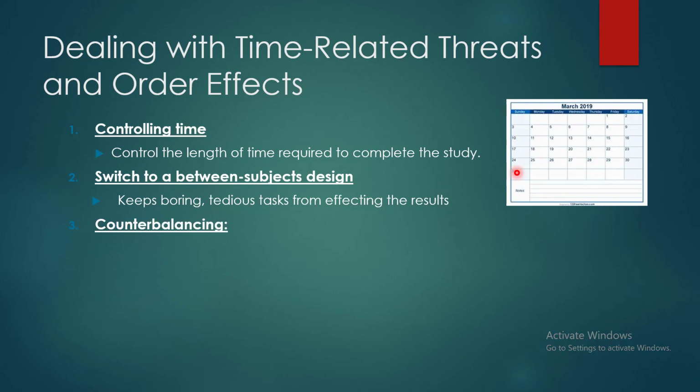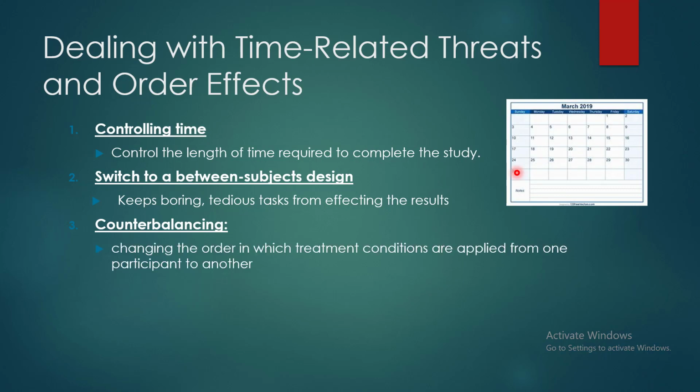Another thing we can do is counterbalancing. This has come up a couple times throughout the semester, and I told you eventually we'd talk about it in more detail. Counterbalancing is the idea that if you think you're going to have carryover effects or practice effects or fatigue, perhaps you want to change the order in which the treatment conditions are applied from one participant to another. We talked about looking at visual illusions in a dimly lit and a brightly lit room.